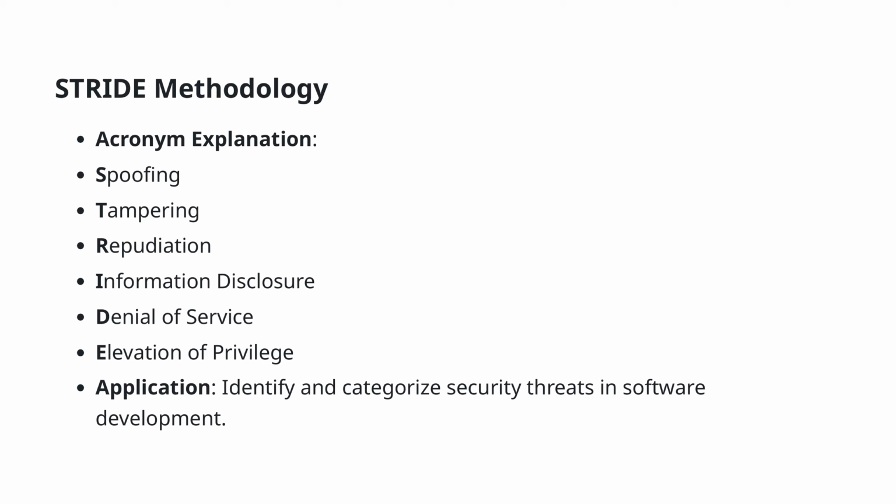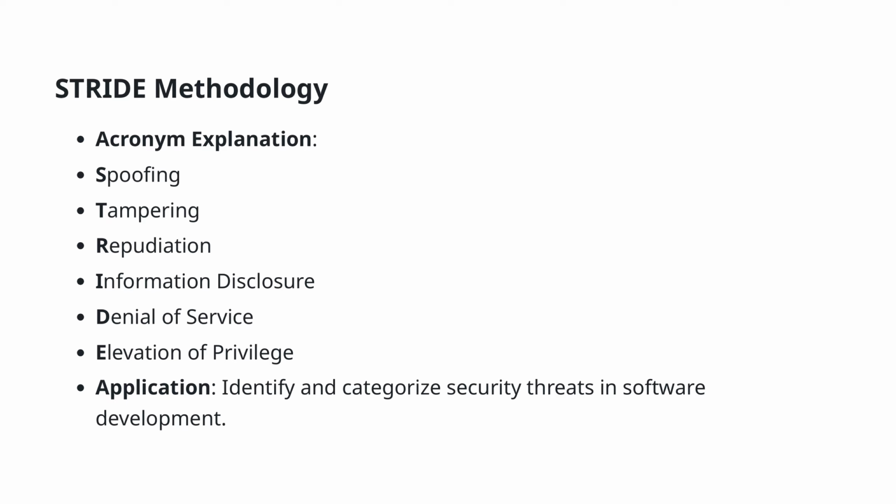Repudiation is the ability of users to deny having performed an action without other parties being able to prove otherwise. Information disclosure exposes sensitive information to unauthorized users, which could lead to privacy violations and data theft. Denial of service attacks disrupt the availability of services, making systems or networks unavailable to end users.